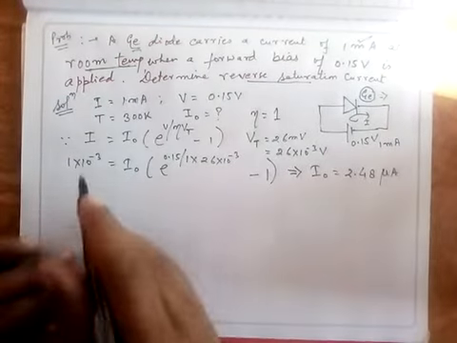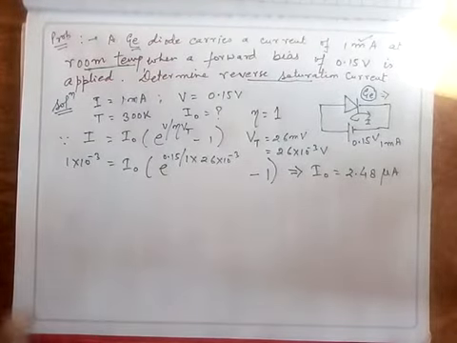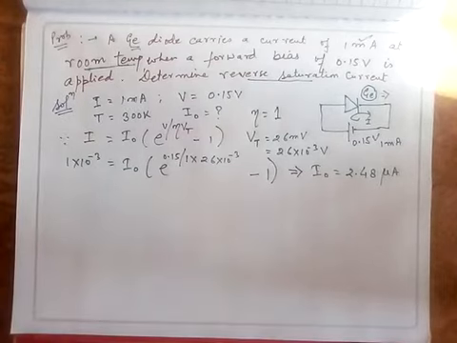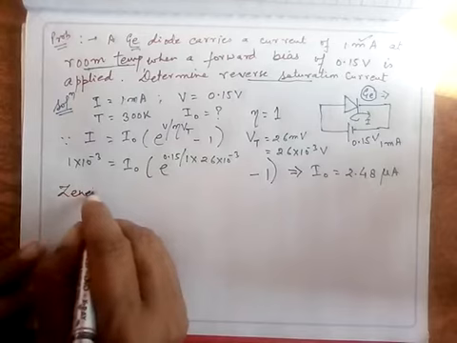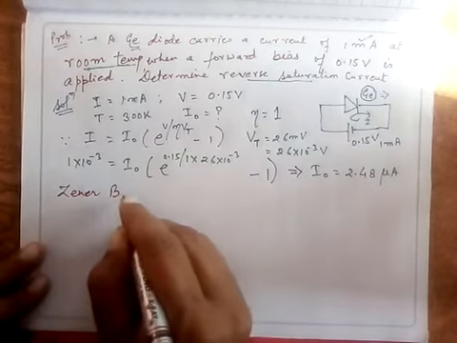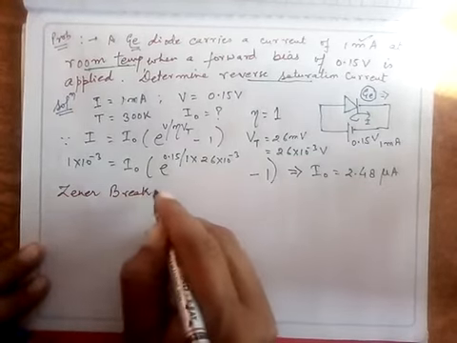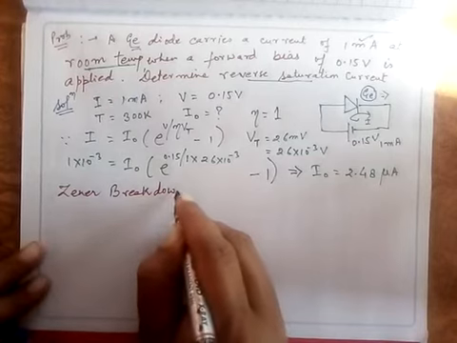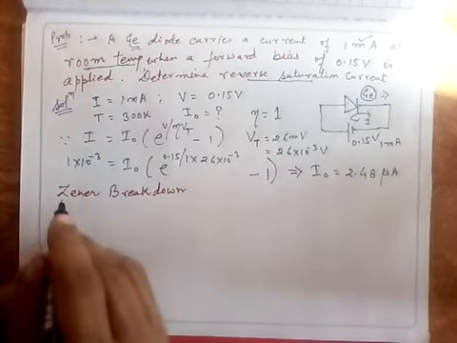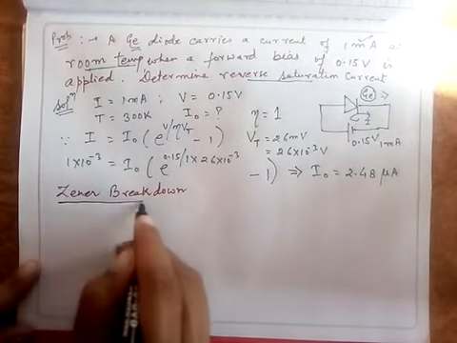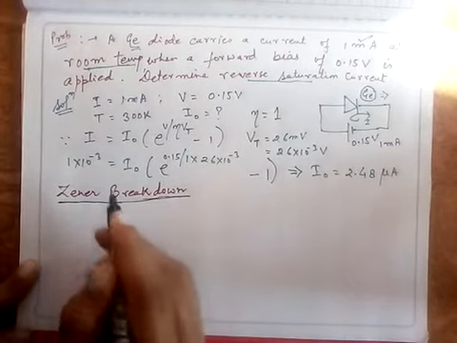Let's come to one more next topic that I'll discuss now, the Zener breakdown. What do you mean by the Zener breakdown and a Zener diode? Before coming to this, let's discuss what you mean by a Zener diode first.